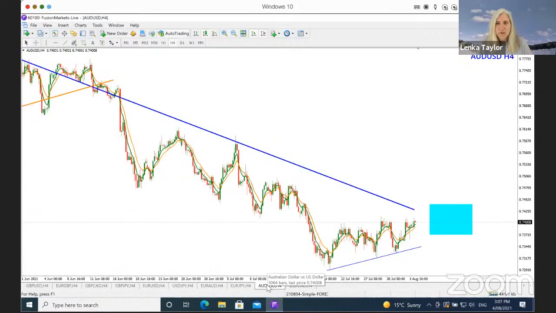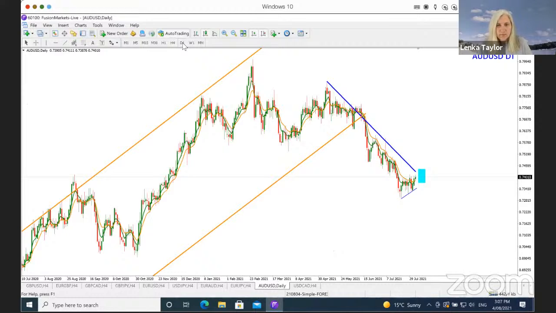Next currency pair I'm looking at is Aussie USD. So Aussie USD at the moment, I'm undecided. It was going down and it could continue, but also there is a bit of resistance there.